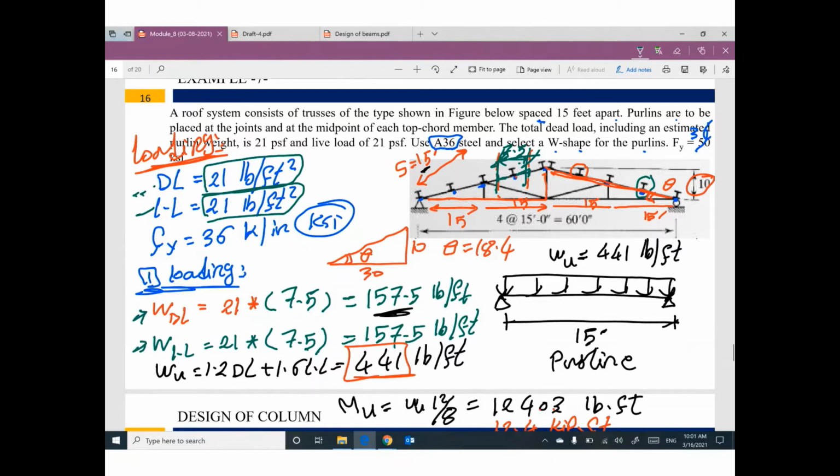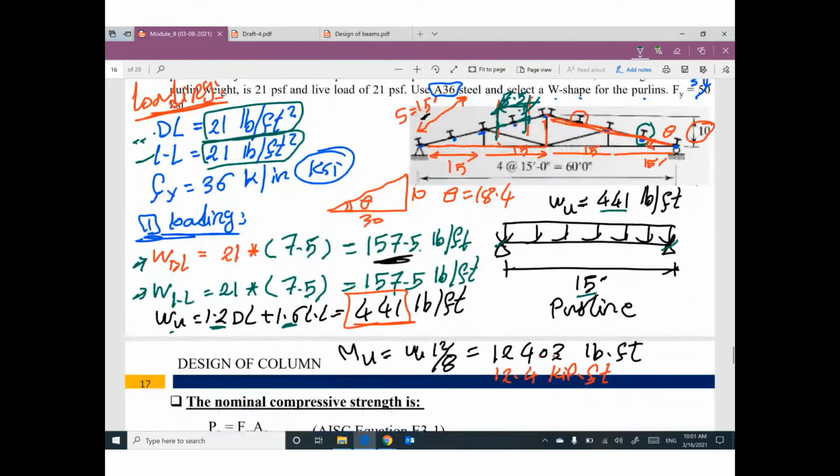Next step, I need to convert this dead load and the live load to be ultimate. So I have to multiply dead by 1.2, live by 1.6.